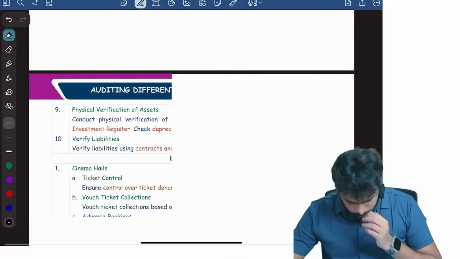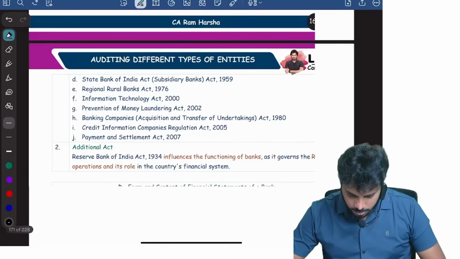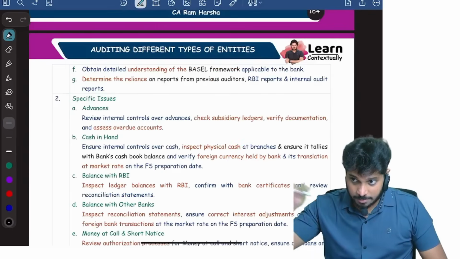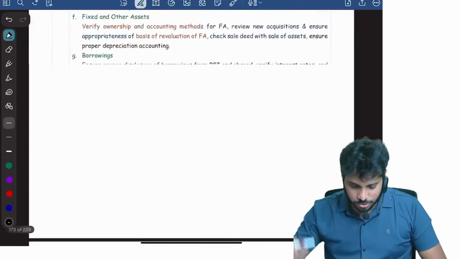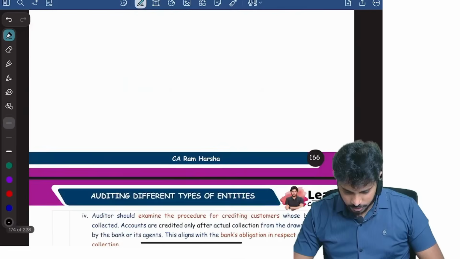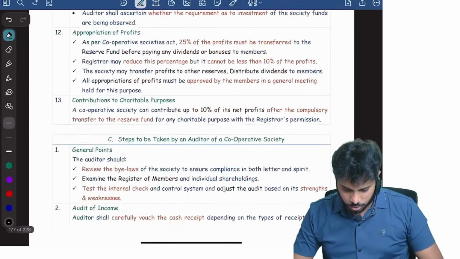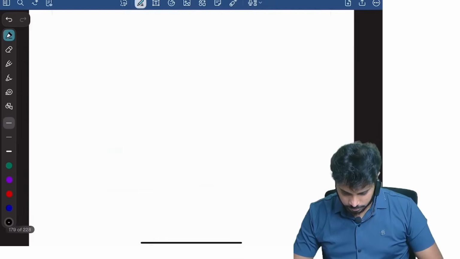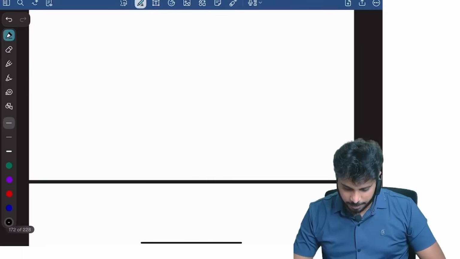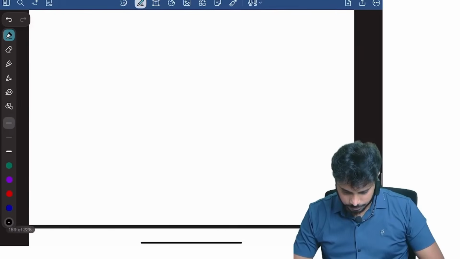Look at this. Bank audit, I missed adding this point called bank audit. Audit of society, and the 7th one is local authority, I guess. I think it is there before bank audit.